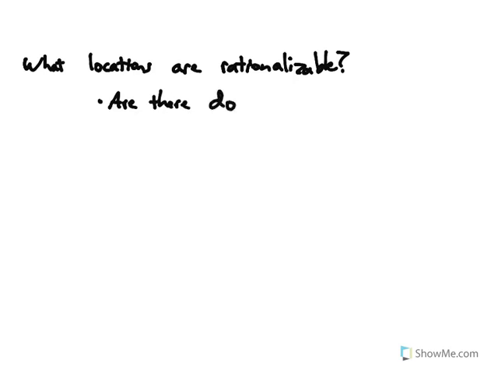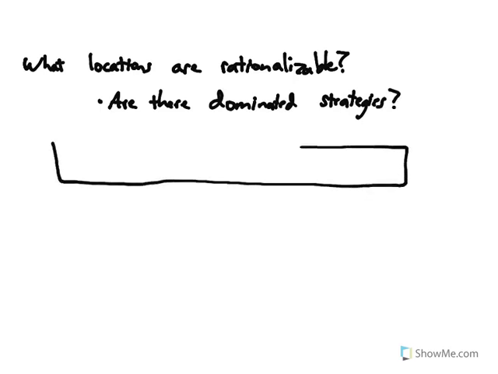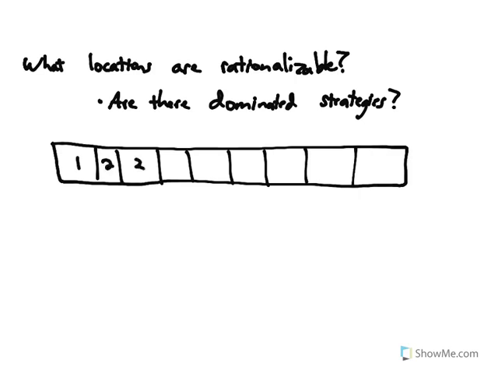Are there dominated strategies in this game? Well, let's draw this boardwalk again. 1, 2, 3, 4, 5, 6, 7, 8, 9. Location 1, 2, 3, 4, 5, 6, 7, 8, and 9.